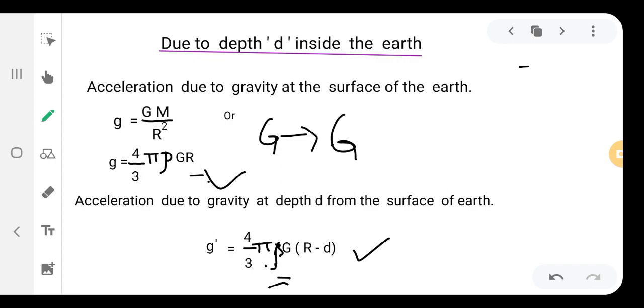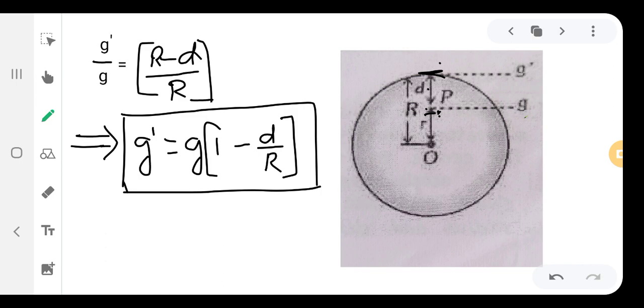Now we will divide these two equations. Here 4 by 3, pi and rho, everything gets cancelled, and G is also cancelled. What is left is g dash by g equal to R minus d by R. Now we multiply g on the RHS, so g dash equals g into 1 minus d by R. This is the equation for the acceleration due to gravity at the depth d inside the earth.